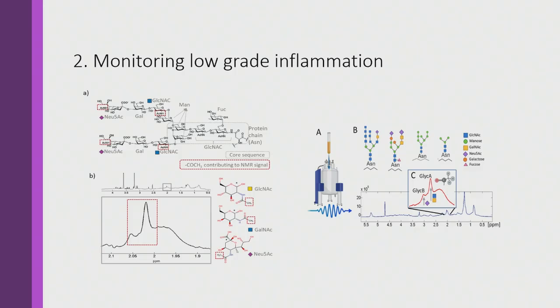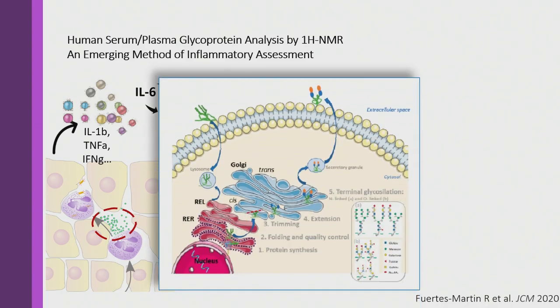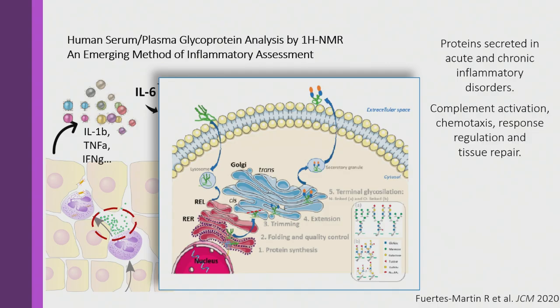Another way to measure biomarkers associated with cardiovascular disease is measuring the inflammatory biomarkers. The NMR has a specific signal that allows us to measure glycoproteins that are associated with galactosamine, glucosamine, and sialic acid. And we can explore these inflammatory biomarkers that are generated in the liver, in a process responding to acute and chronic inflammatory disorders.